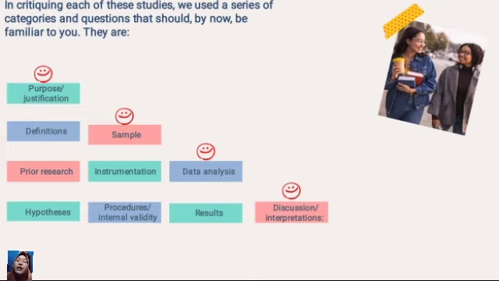Are major terms clearly defined? If not, are they clear in context? And then prior research. We can ask, has previous work on the topic been covered adequately? Is it clearly connected to the present study? And then hypothesis. Are the stated or implied hypotheses appropriate for the study?